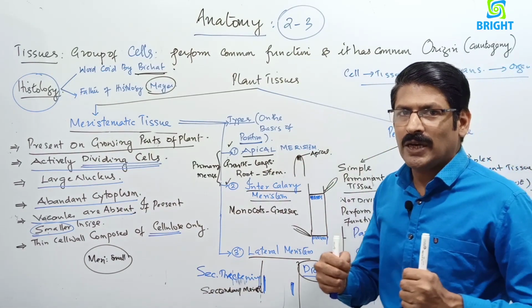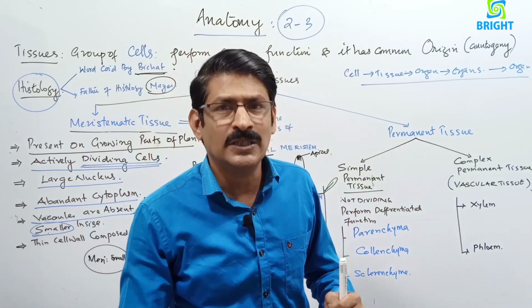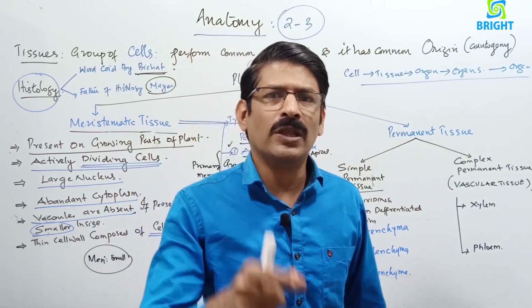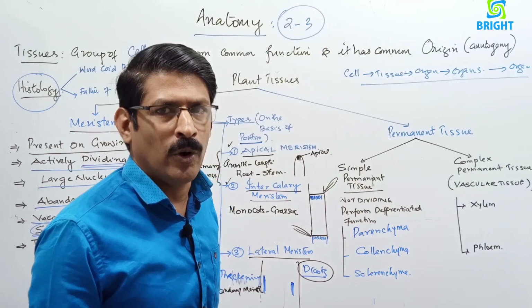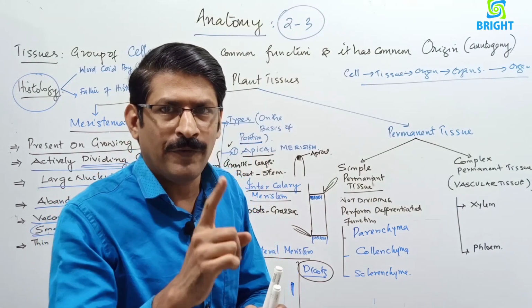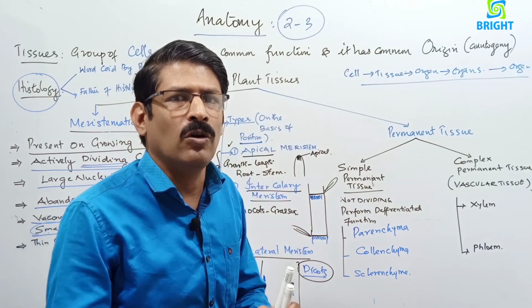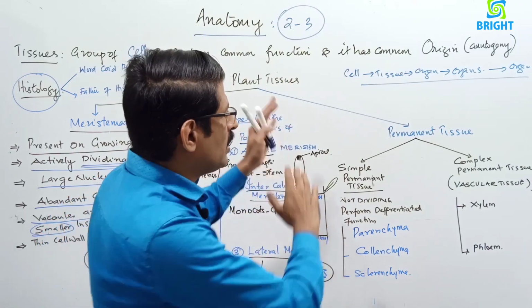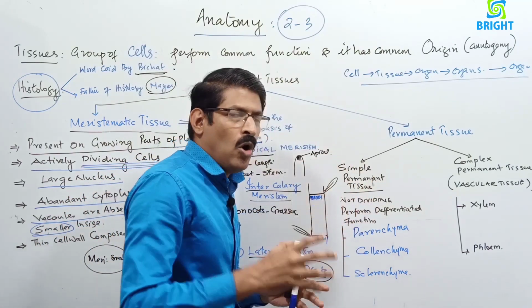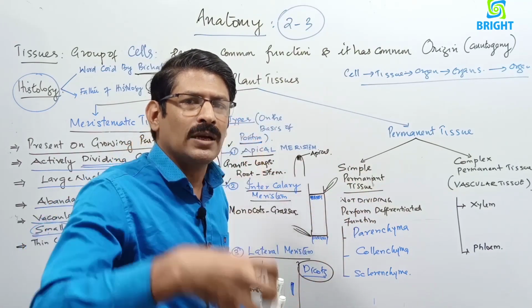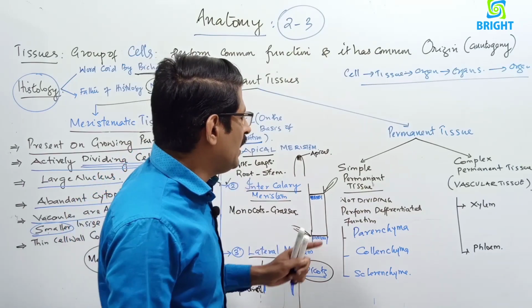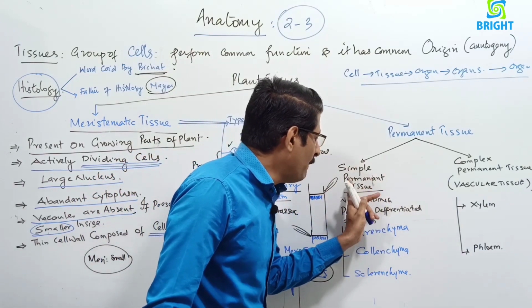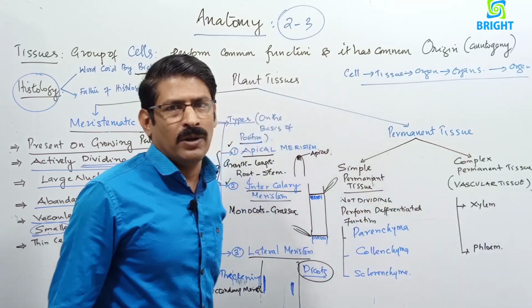They are differentiated tissues, and they perform specified functions in the plant body. Meristematic tissue has only one function, cell division. They divide and produce the permanent tissue, and on the basis of structural complexity, permanent tissue can be divided into two types, simple permanent tissue and complex permanent tissue.